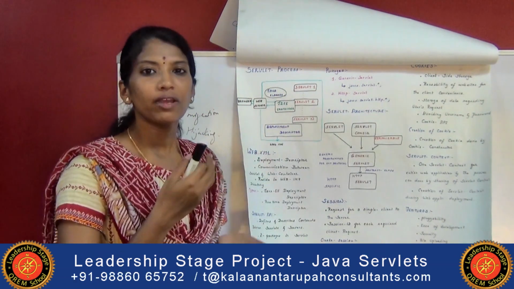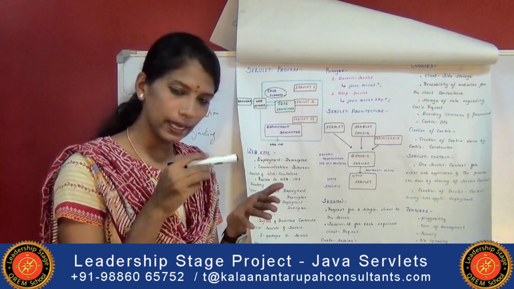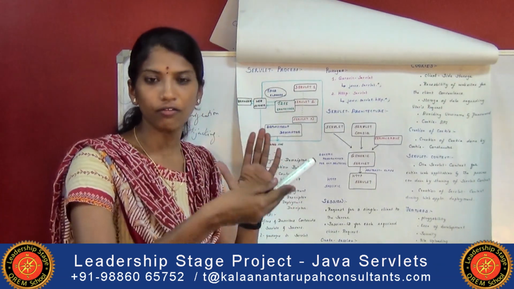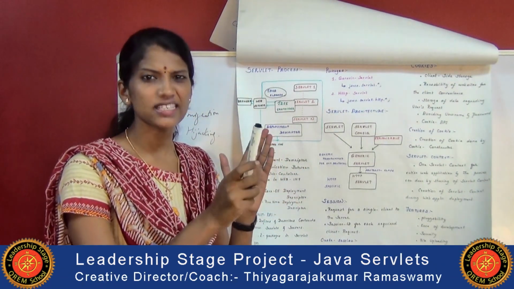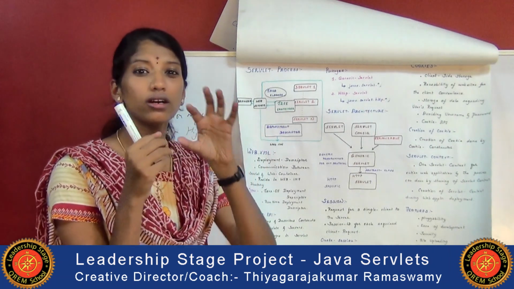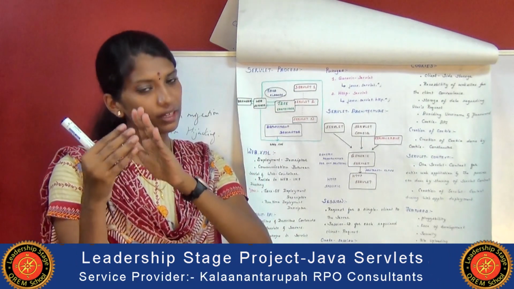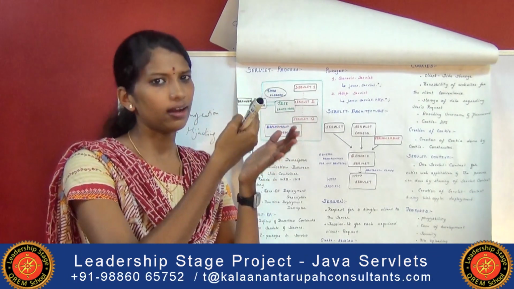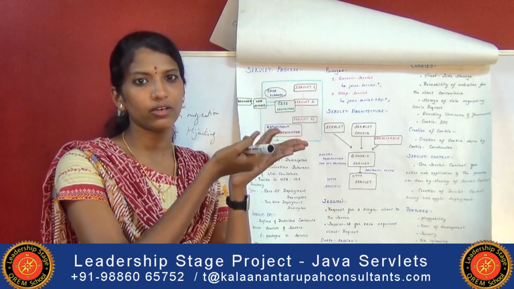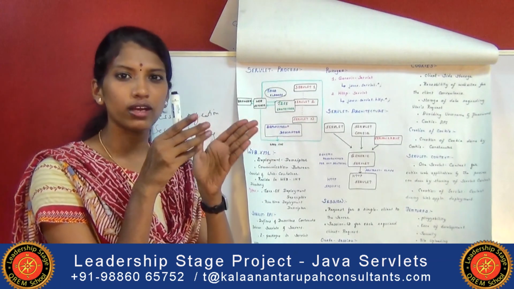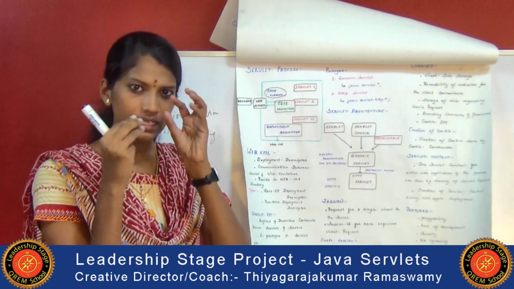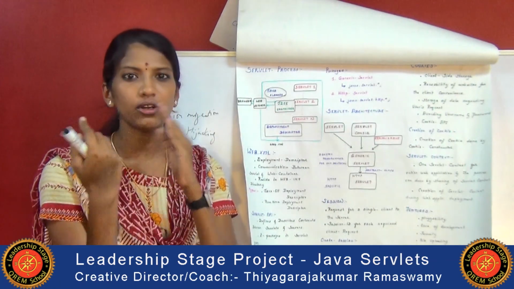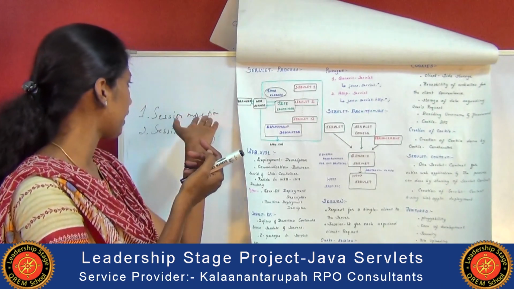During client and server communication, when there is a server failure, another server will take over the process of that second client request. This type of moving a small module, that means a servlet, from one server to another is known as session migration.